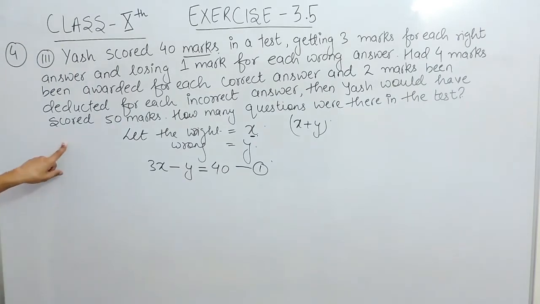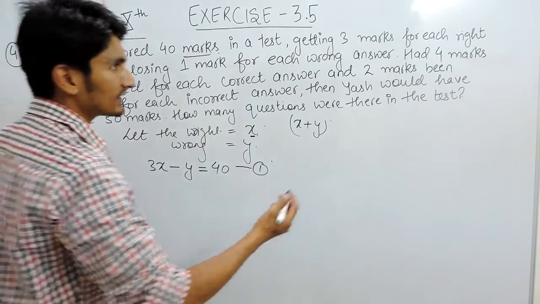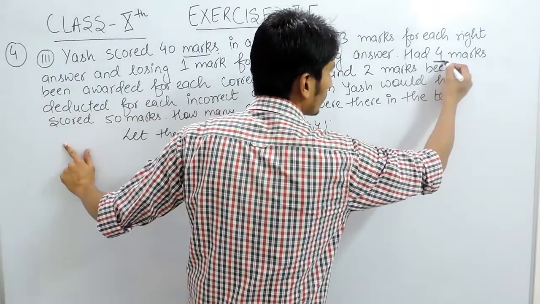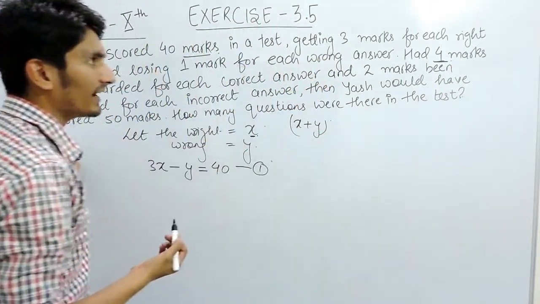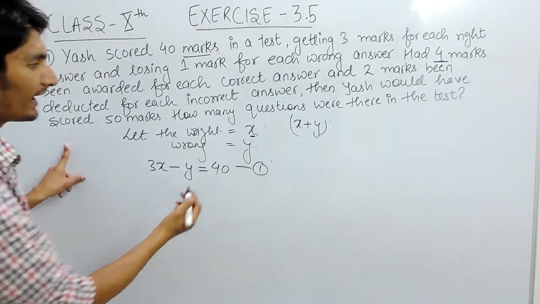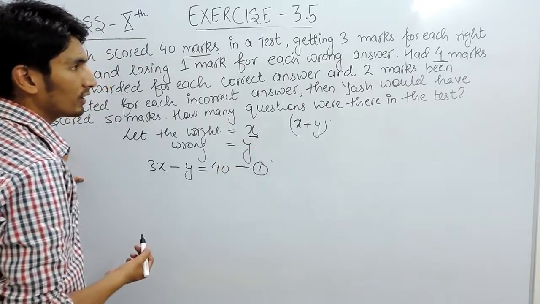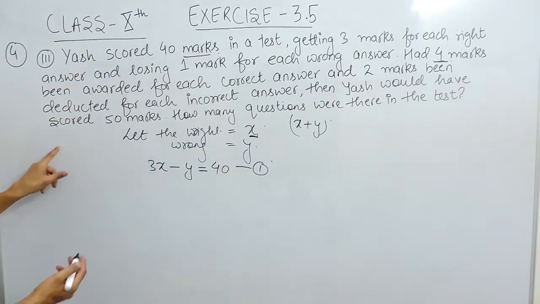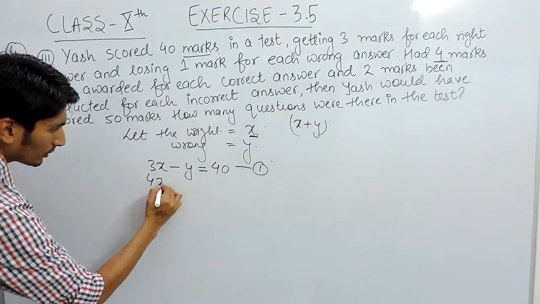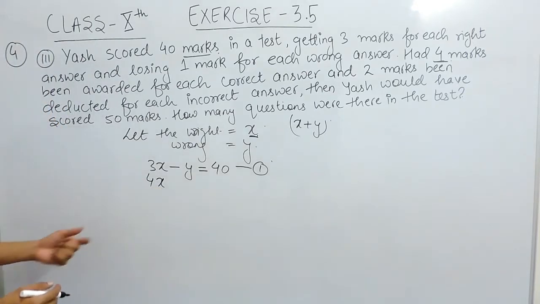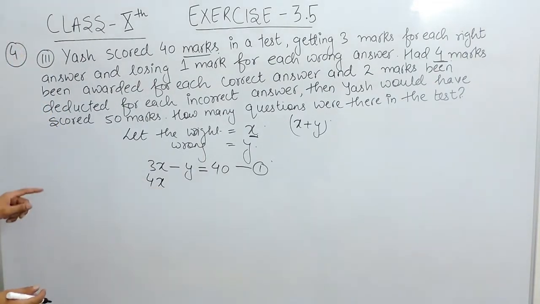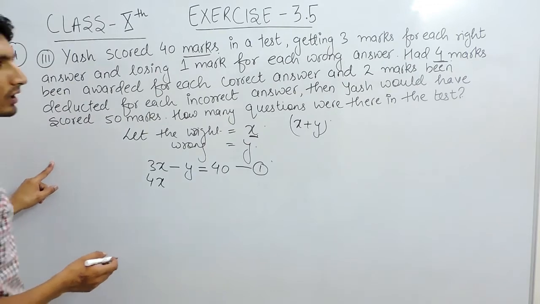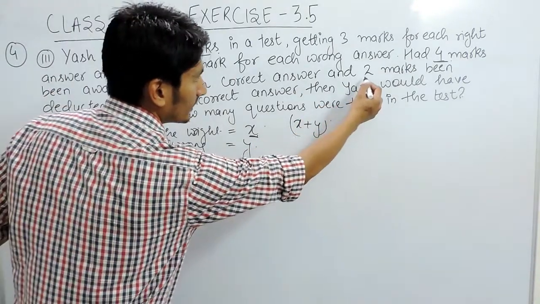So this is our first equation. Similarly, in the second case it is given that the marks given for each right answer is equal to 4, and if the total number of right answers is x, so the total marks he should get is 4x, and after that you have to reduce the negative.